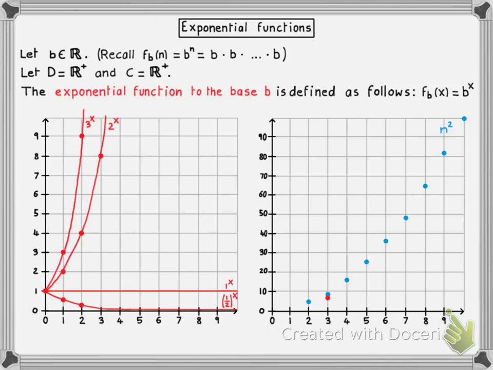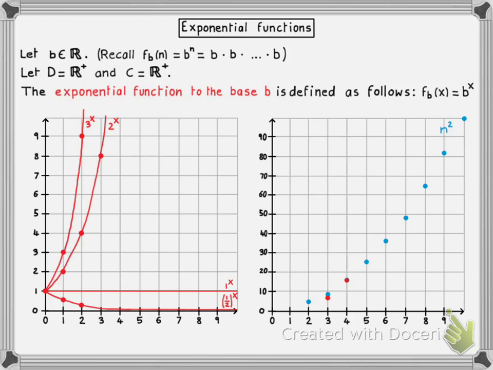Then the next point is 2 to the power 4, that happens to be 16, which again is the same as 4 squared. So notice at this point it looks like the exponential function is actually smaller than or equal to the quadratic or the n squared function.